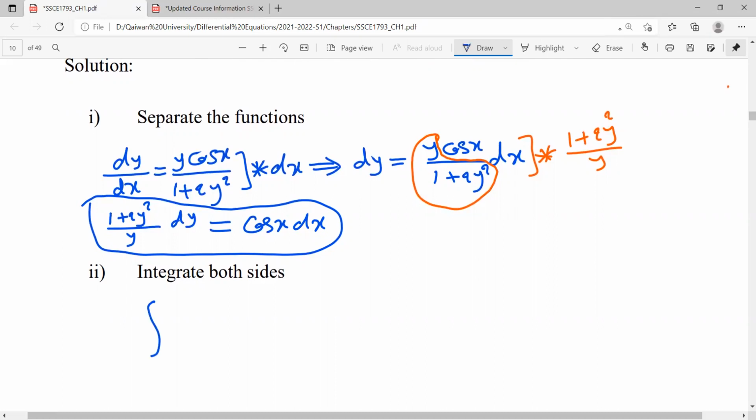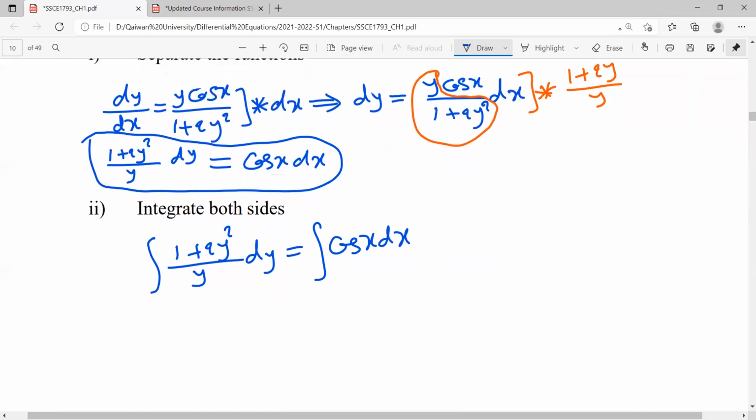So we say the integration of 1 plus 2y squared over y dy equals the integration of cosine x dx. On the left hand side, we integrate with respect to y, as we have dy, and on the right hand side, with respect to x, as we have dx.